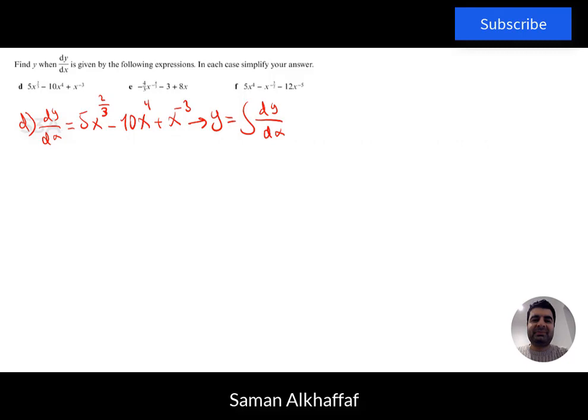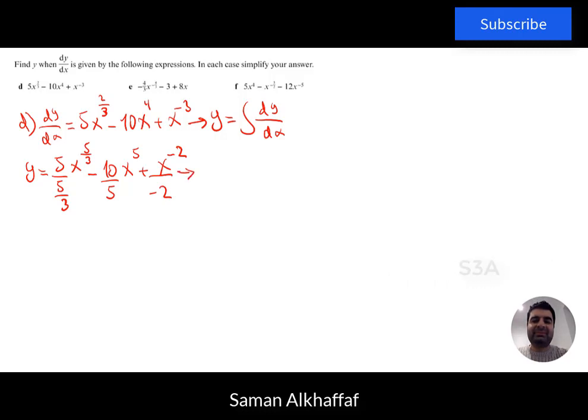So in this scenario, we would have y being 5x to the power of 2 over 3, take plus 1. So in this scenario, that will give us 5 over 3, and divided by 5 over 3, take away 10x to the power of 5 over 5, plus x to the power of minus 2 over minus 2.